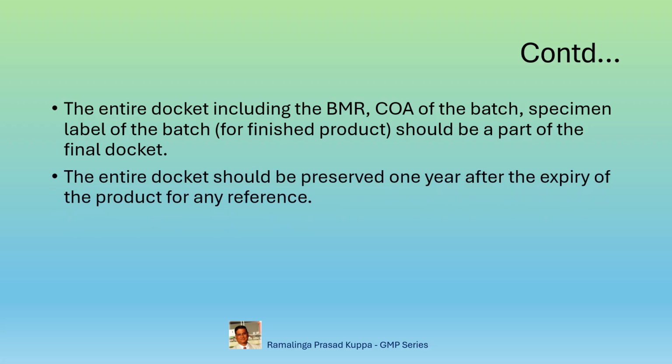The entire docket should be preserved for at least 1 year after the expiry of the product for any reference. This is the requirement as per section 6.13 of ICH Q7 for APIs and 21 CFR Part 211.180 for dosage forms.